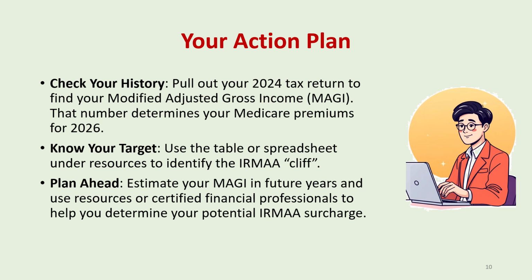Estimate your MAGI in future years and use resources, or if needed, a certified financial professional to help you determine your potential IRMAA surcharges, especially when you're anticipating a large financial event like the sale of a business, exercising stock options or having stock gains, or doing a large Roth conversion.